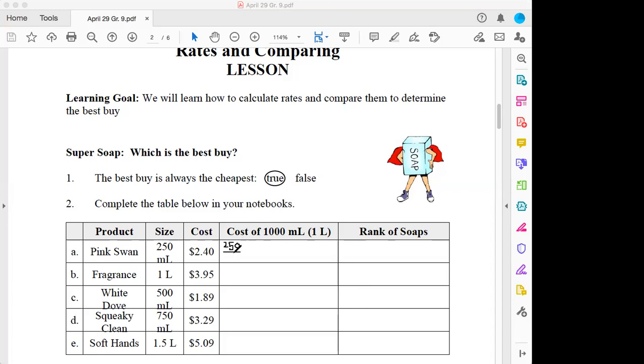If we have 250 milliliters and it costs $2.40, that equals 1,000 over X. The same way that we've been doing it before, you cross multiply, and the total price is $9.60.